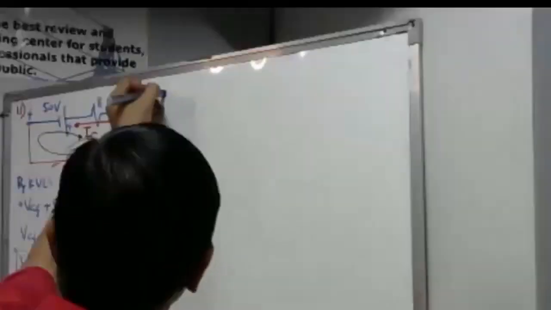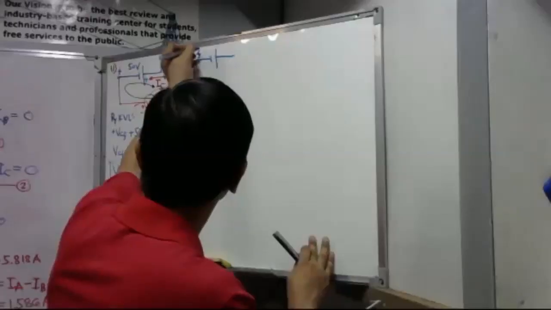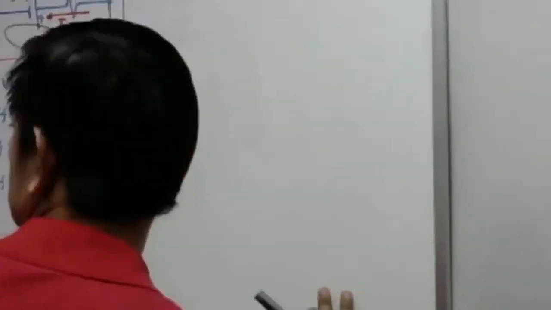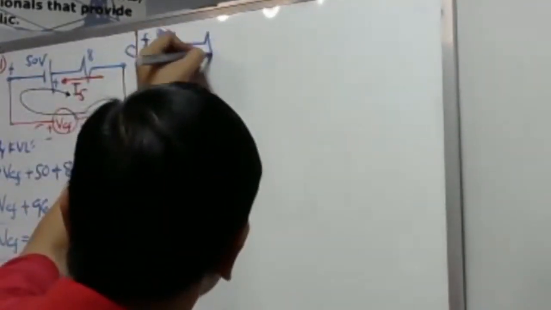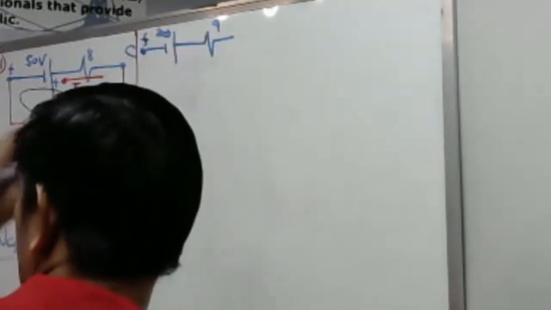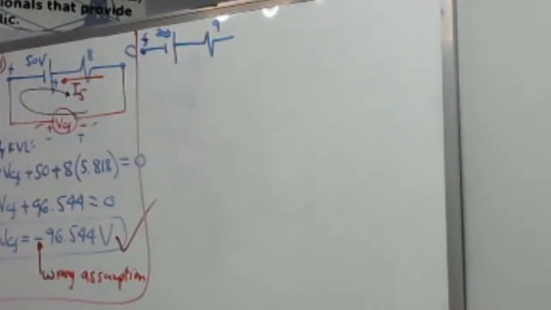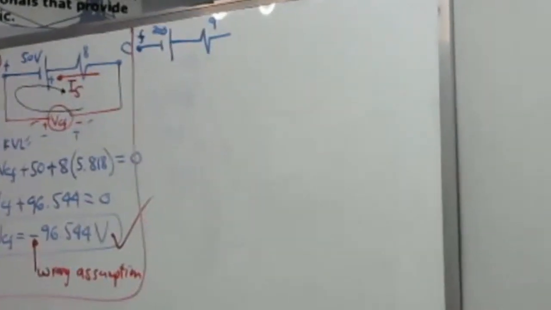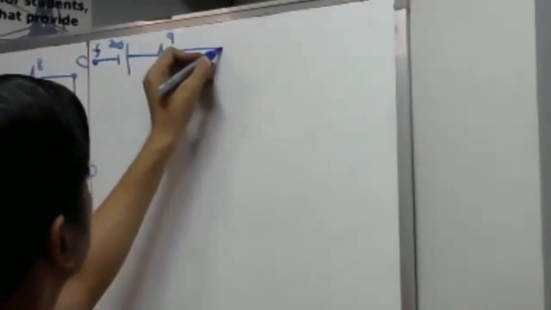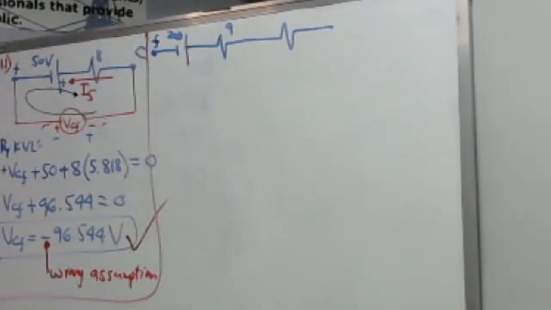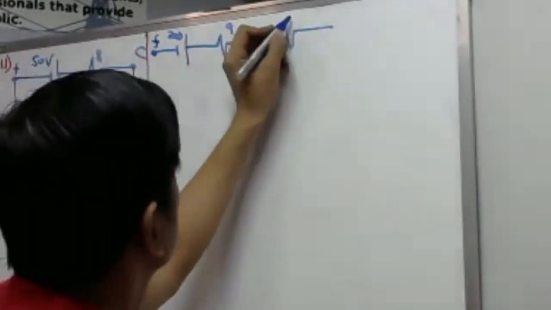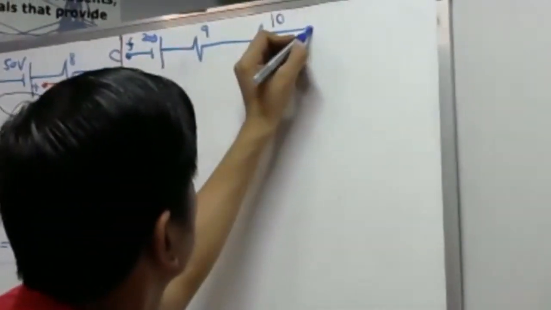Our letter F is connected to the negative of 200 volts. And the 200 is connected to the 9 ohm resistor. And the 9 ohm resistor is connected to the 10 ohm resistor. And the 10 ohm resistor is connected to point C.